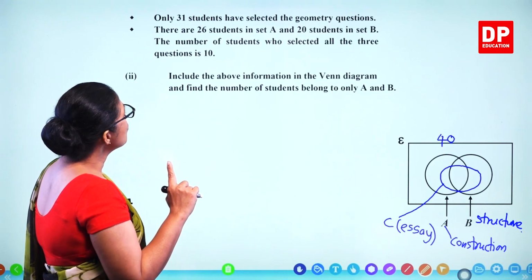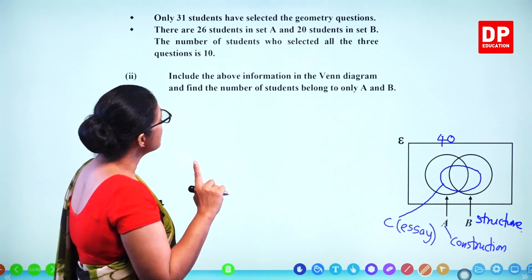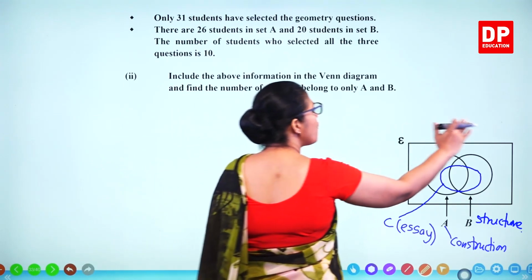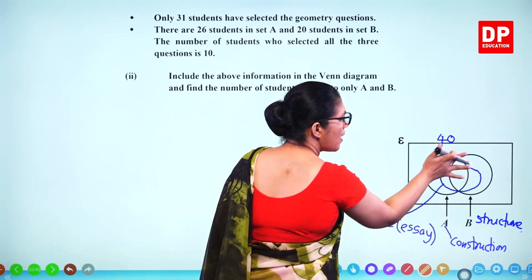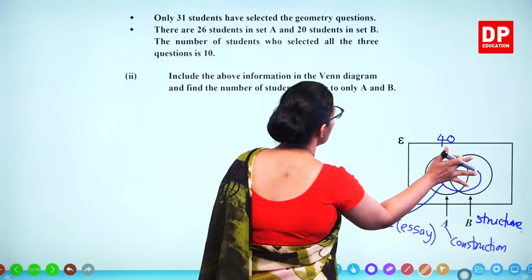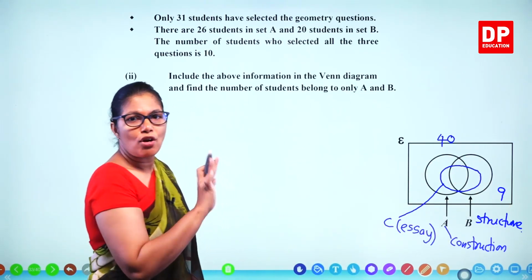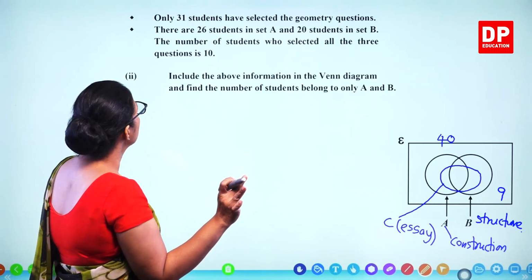Only 31 students have selected the geometry questions. So, out of 40, this part is 31. So, 40 minus 31, 9 should be outside, not selected the geometry question.